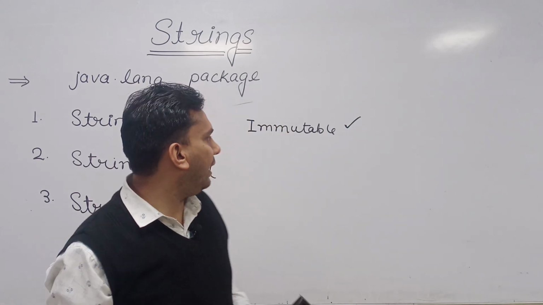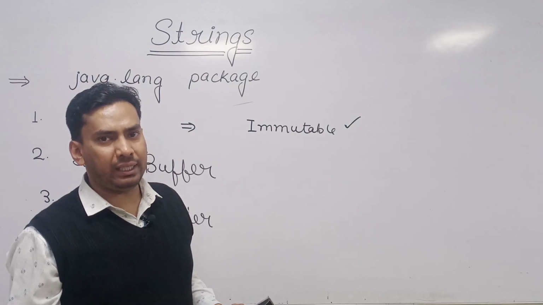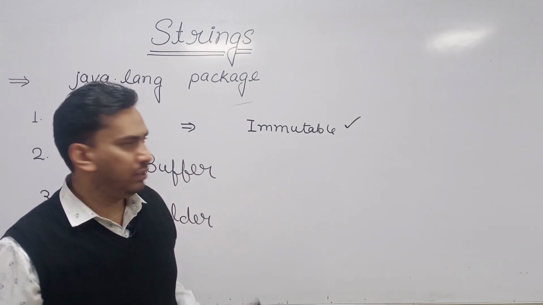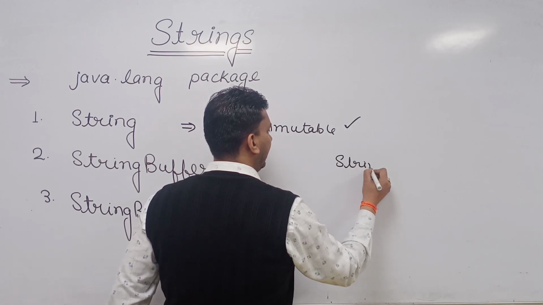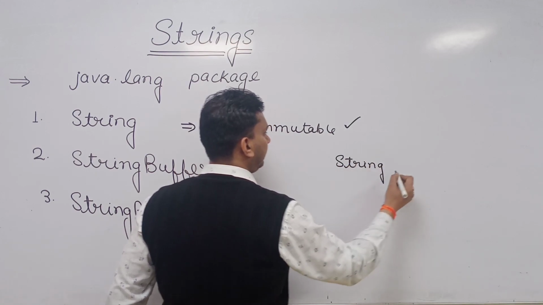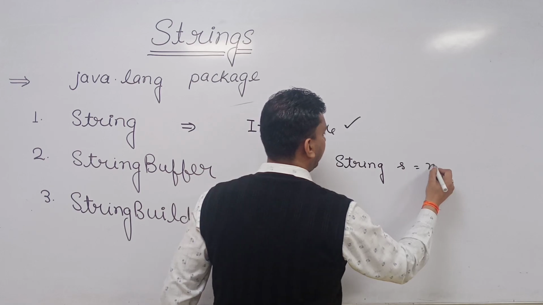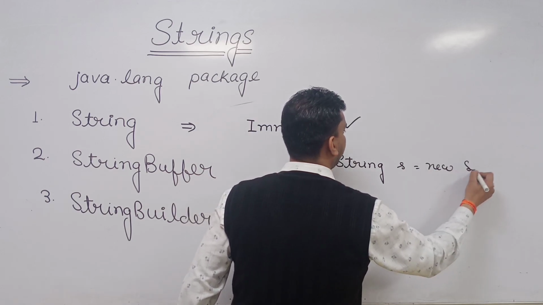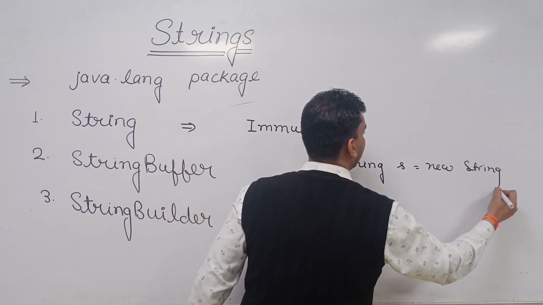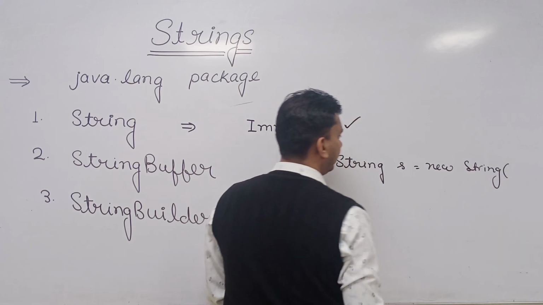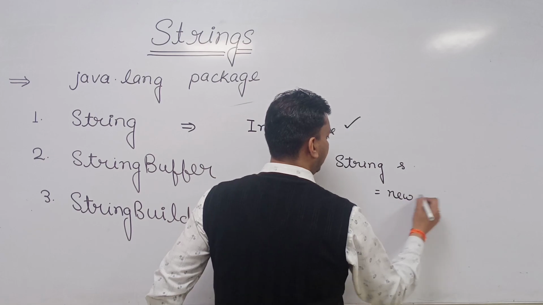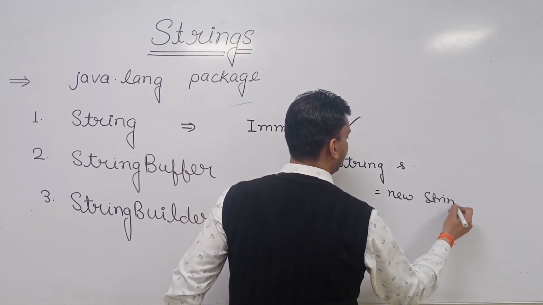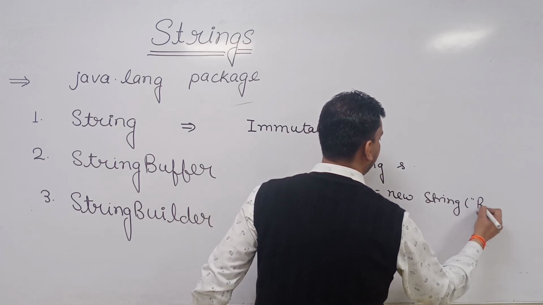Like in the string class, we have methods to uppercase and to lowercase. So let's say you have created a string object, something like this: String s = new String("Ravi").